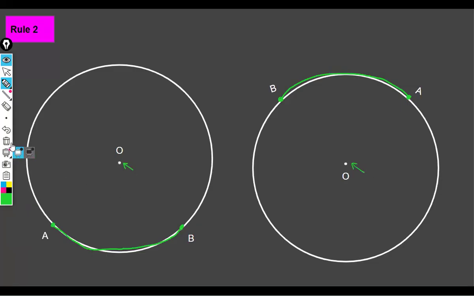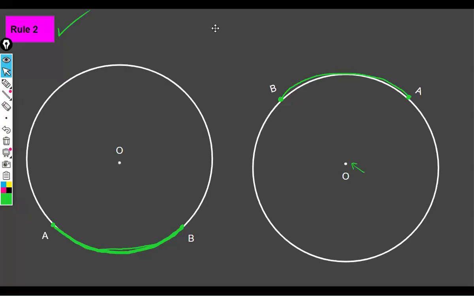So draw 2 blank circles. For one of them, the arc AB goes underneath, and for the other one, the arc AB goes on top. And don't forget to put a dot by the center of the circle, and this is rule 2. So make sure you write rule 2 at the top of your paper.